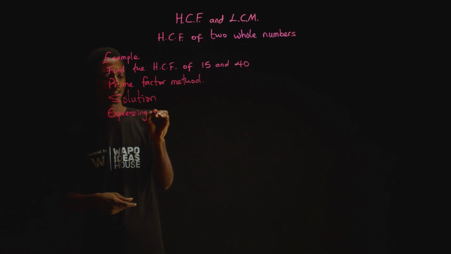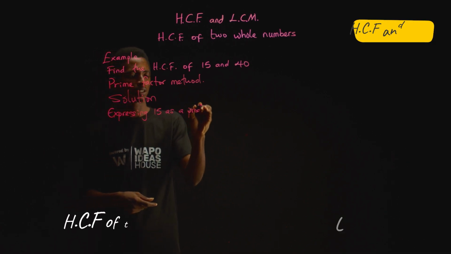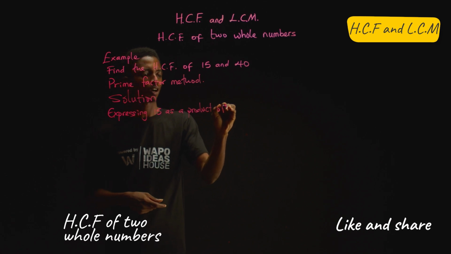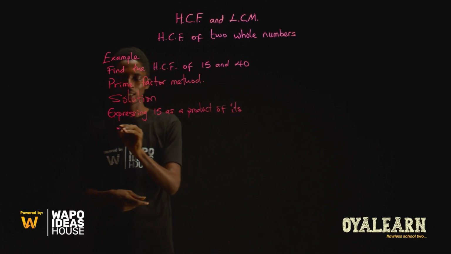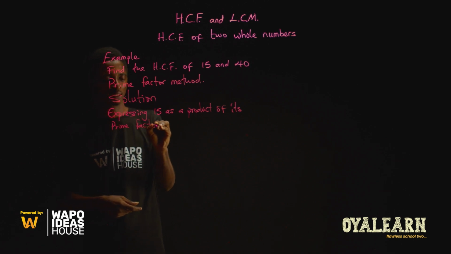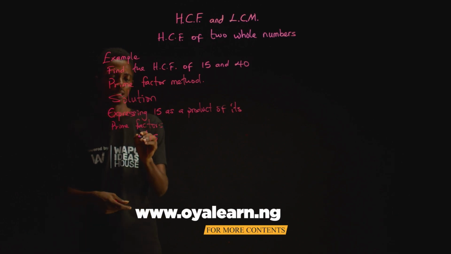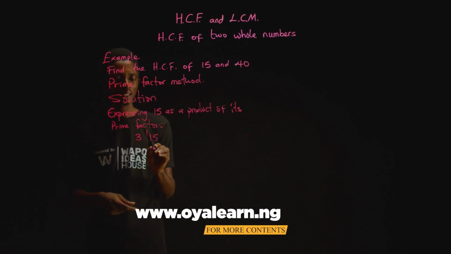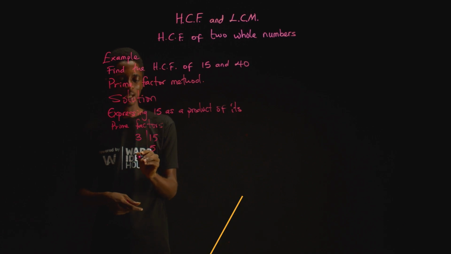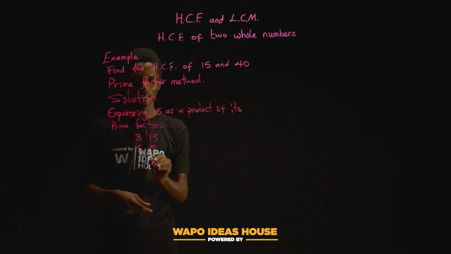Expressing 15 as a product of its prime factors. That is, we have the number 15, which is divisible by 3 once, and also divisible by 5 once in this case.